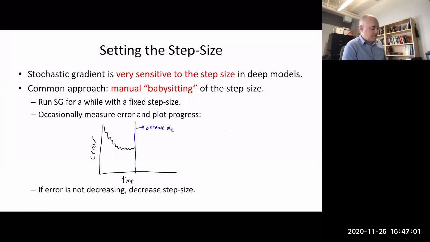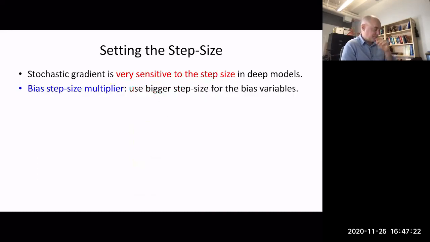And then, if it's not decreasing, you decrease your learning rate, and you see that your loss decreases, and then you decrease it again, and so on and so forth. So this is like graduate student logs into computer at 3 o'clock in the morning, graduate student logs into the computer at 5 o'clock in the morning and says, okay, restart, but start training with these values and use a different learning rate. Fine.